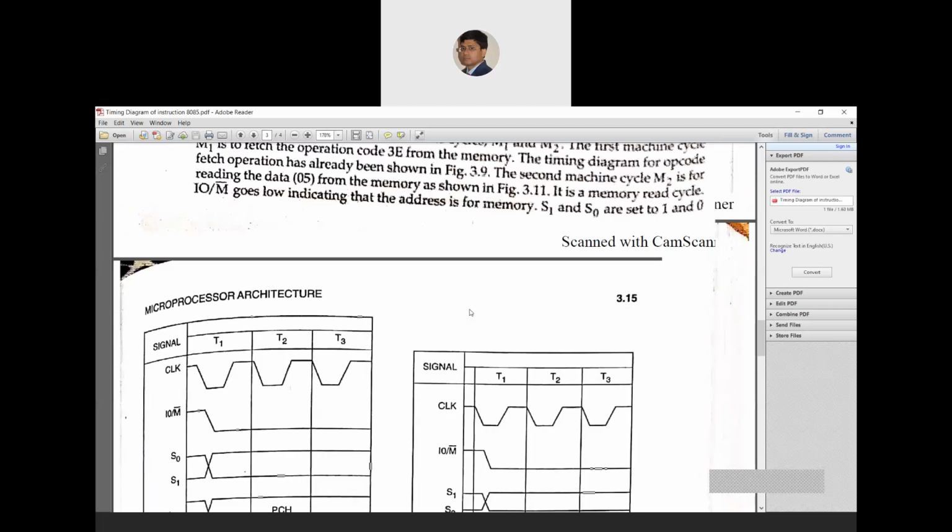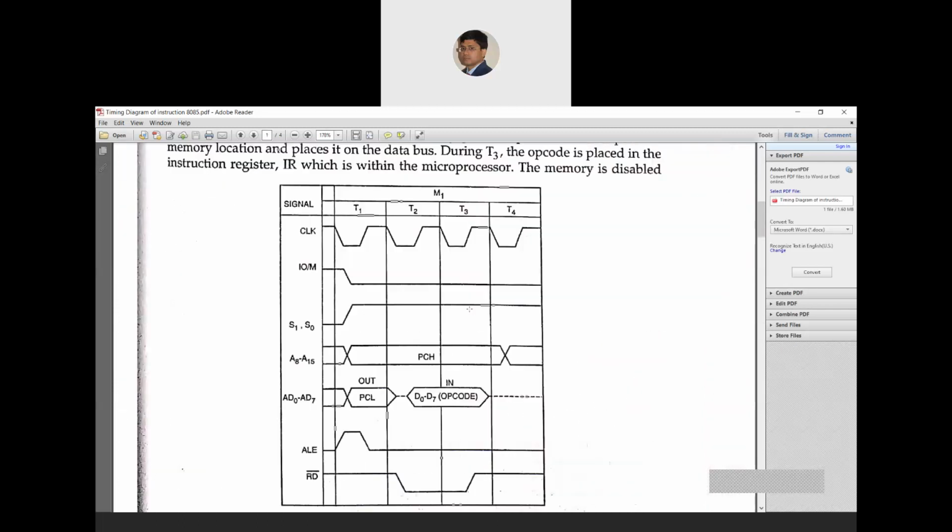Now the question is why it is changing in the case of the opcode fetch operation. To answer this question, the concept is that this is your hex code.